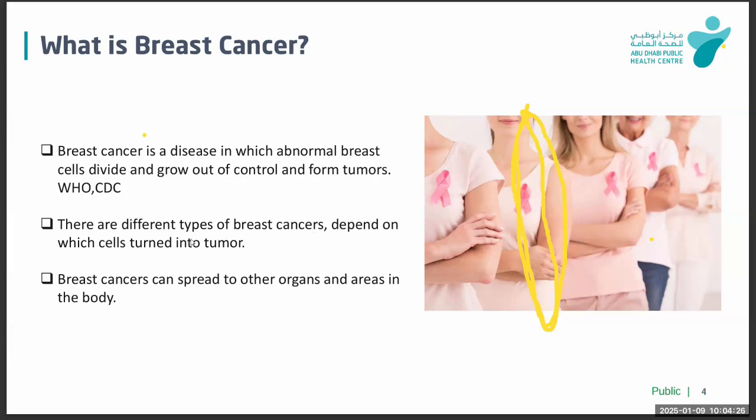There are different ways cancer spreads, depending on the type and the stage of the tumor. Breast cancers usually spread to other organs if left untreated, and may lead to metastasis in the brain, liver, lungs, bones, and so on.